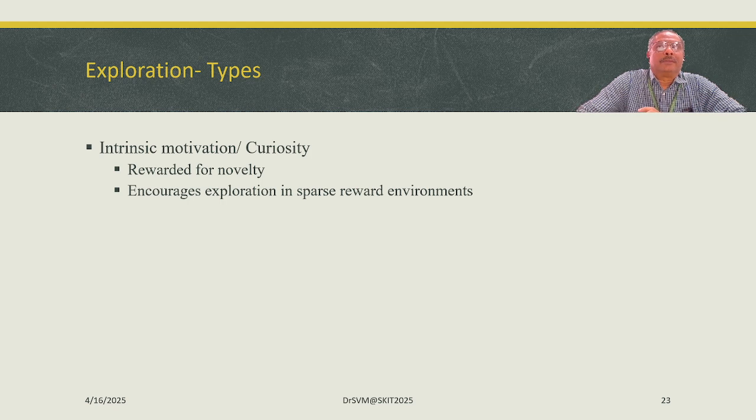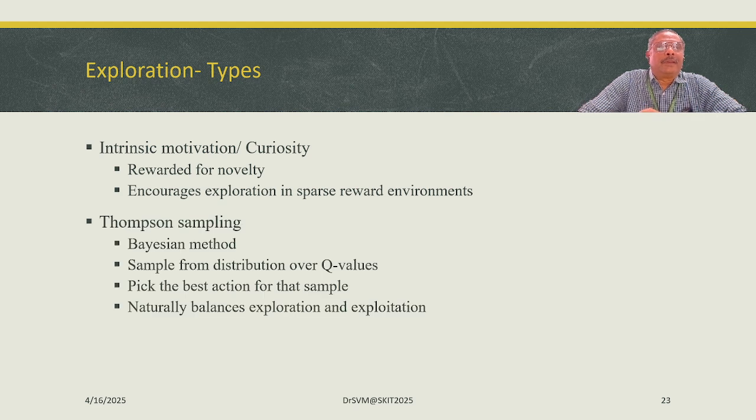Then we have something called intrinsic motivation or curiosity, where the agent is rewarded for novelty. So this is one which encourages exploration in sparse reward environments. Then we have Thompson sampling type of exploration which makes use of a Bayesian method.